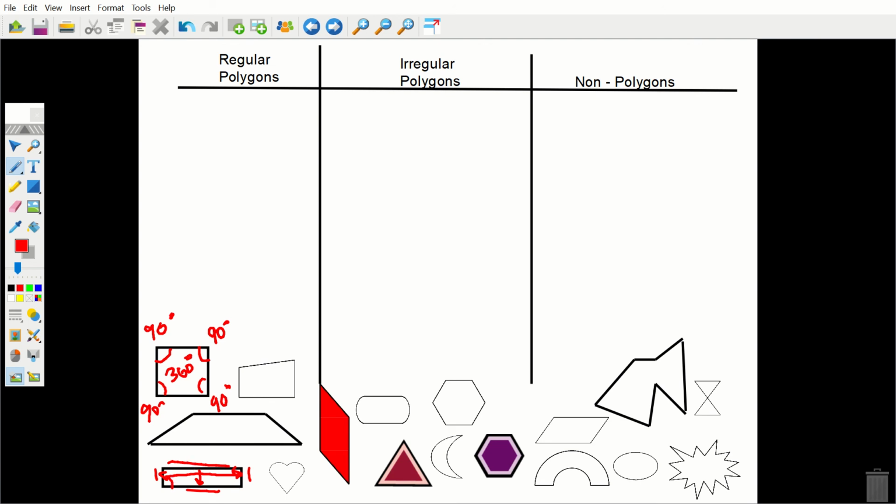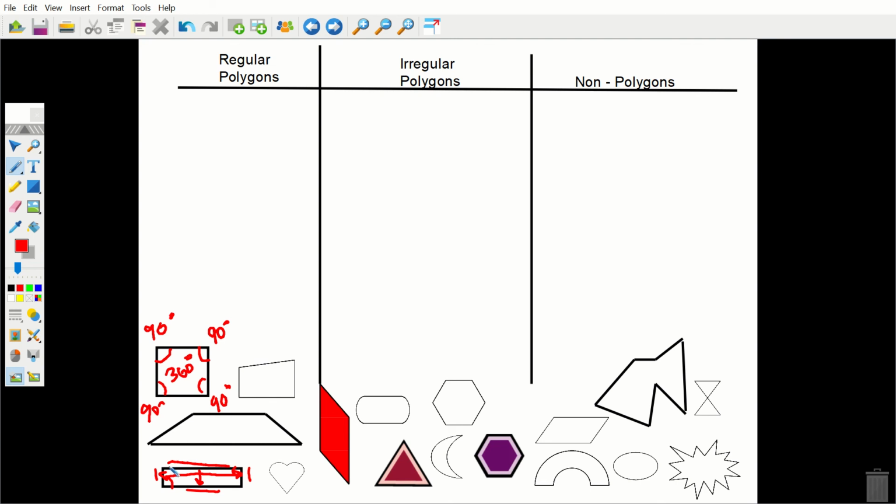So we can determine that this is indeed a polygon because it is made of line segments. All of the angles, when you add them up, we know it's 90 degrees each, so therefore it equals 360 degrees. It's a closed plane figure, so we know it's a polygon. Then we look to further categorize it as regular or irregular.